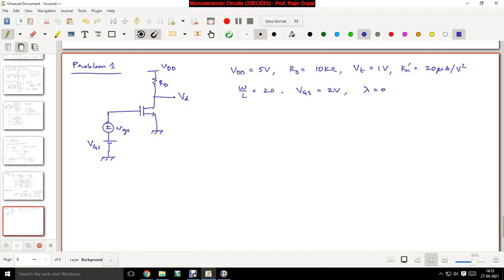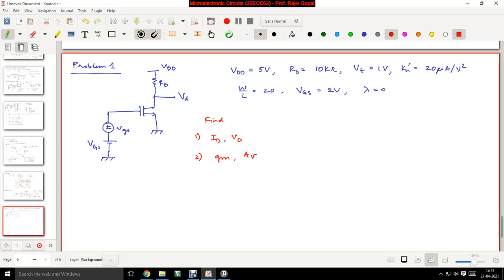What is asked to find is, first, ID and VD, the drain current and drain voltage. Again, both of them are bias currents and voltages. Second, gm and voltage gain.